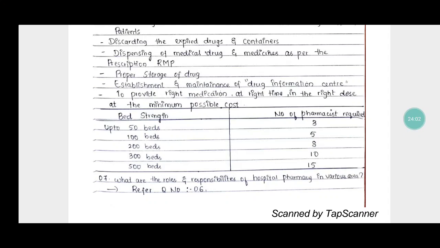The next question: what are the roles and responsibilities of the hospital pharmacy in various areas? Refer to question number 6 for the roles and responsibilities of hospital pharmacies in various areas.